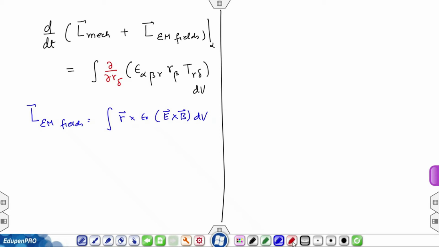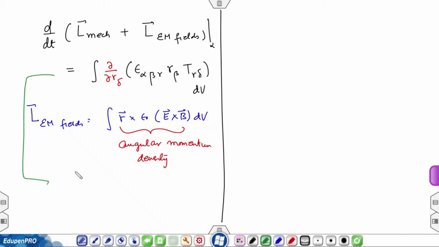So, this is the angular momentum density. And the right hand side I can now write as integral epsilon alpha beta gamma R beta T gamma delta dS delta. Now, this is like the surface integral.